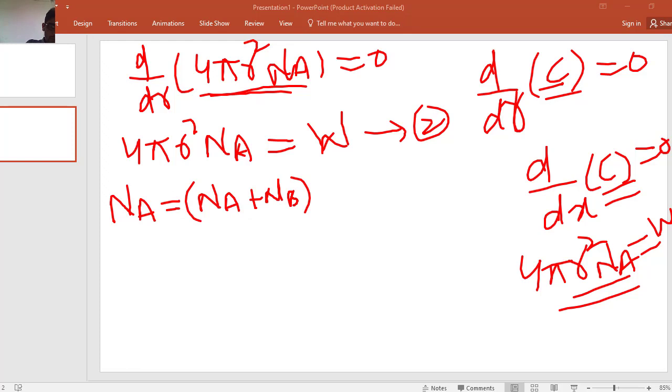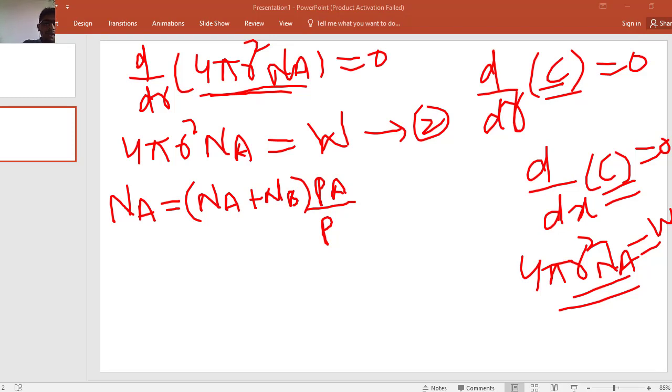From mass transfer we know that the flux is equal to NA plus NB into PA divided by P. If it were concentration, then we would write CA divided by total concentration. In this case the water vapor is in gaseous form, the air is also in gaseous form, so we will use the partial pressure and we will use the relation that C is equal to P divided by RT.